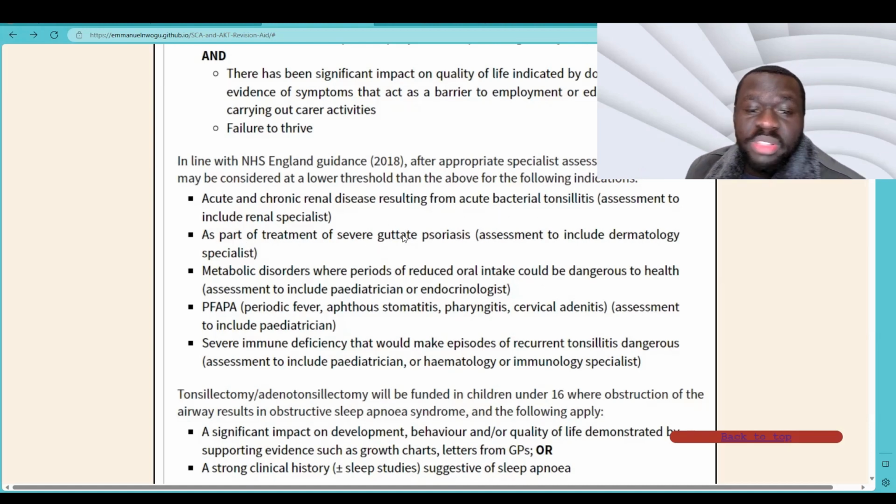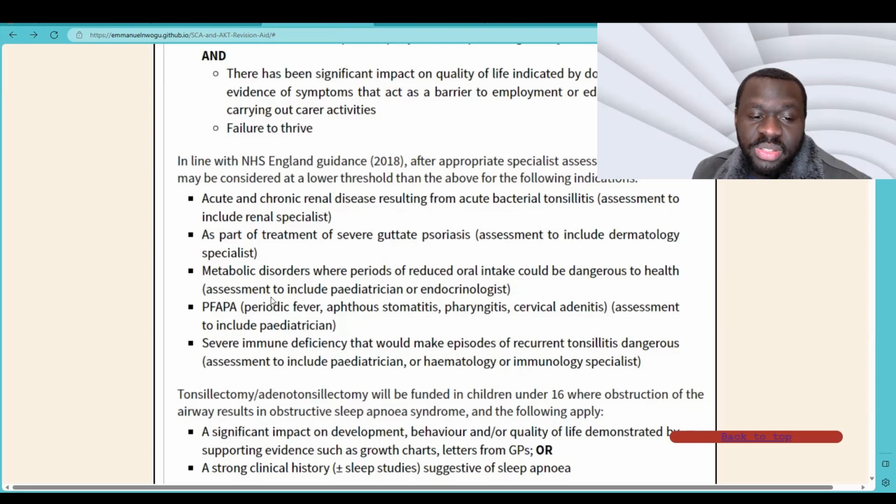As part of treatment of severe guttate psoriasis, so the person is having guttate psoriasis from streptococcal pharyngitis, we need to be doing tonsillectomy. Children, especially adults, developing metabolic disorders where periods of reduced oral intake will be dangerous to health. So, PFAPA: periodic fever, aphthous stomatitis, pharyngitis, cervical adenitis.